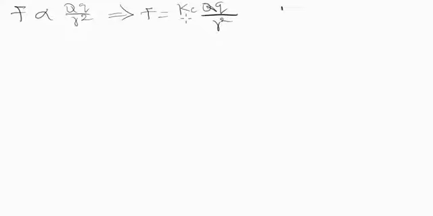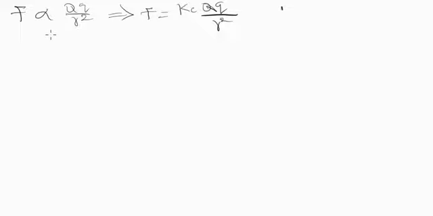Alright, so with this, since we already have this Coulomb's law, we can also have this to be that F is equal to the Coulomb's constant times the product of the charges over the square of the distance between them.